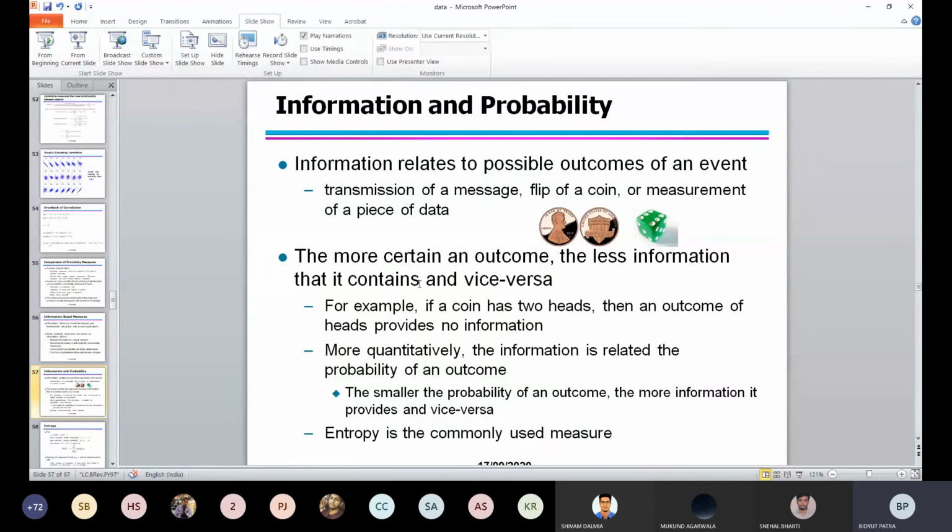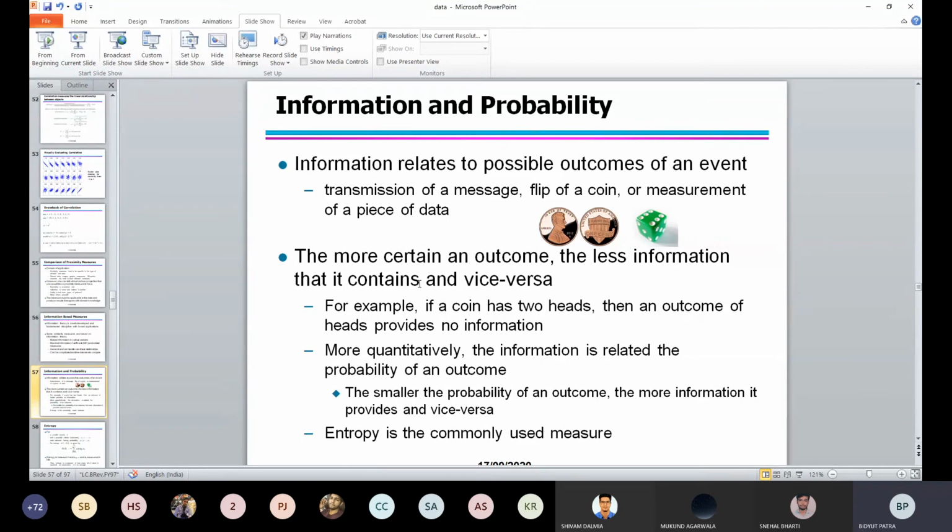If there is more uncertainty, then the information is more. That is the information theoretic idea: if you have more uncertainty, you have more information.